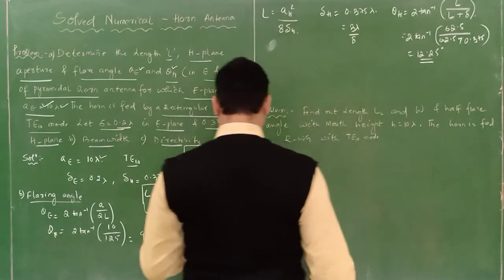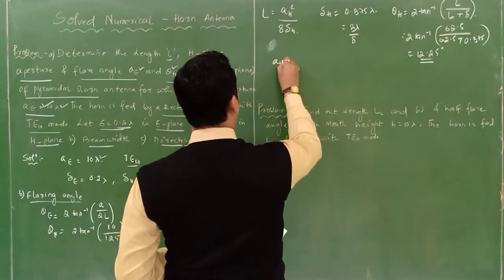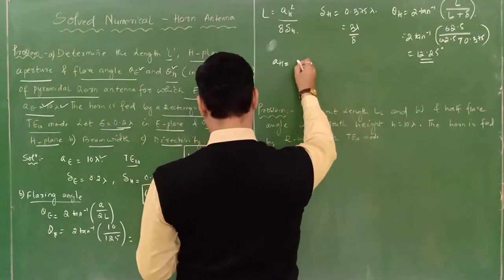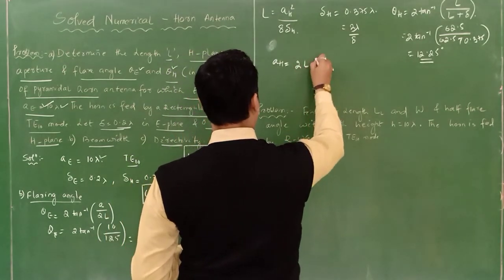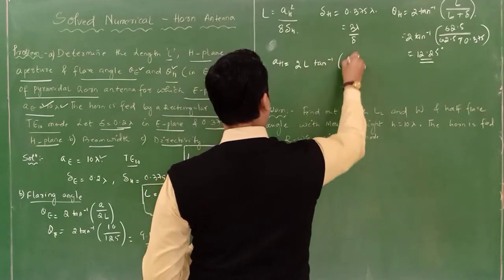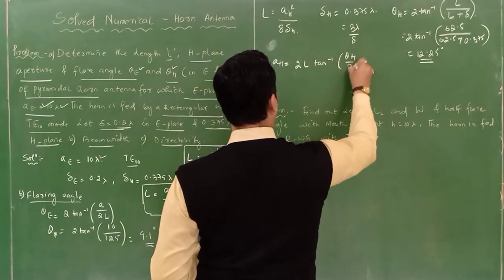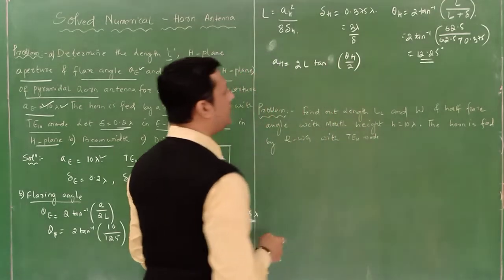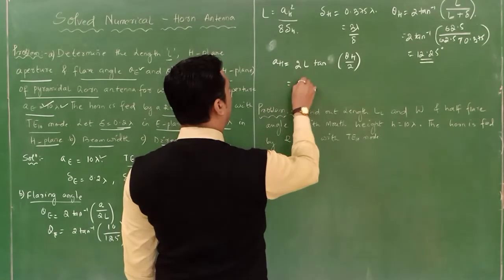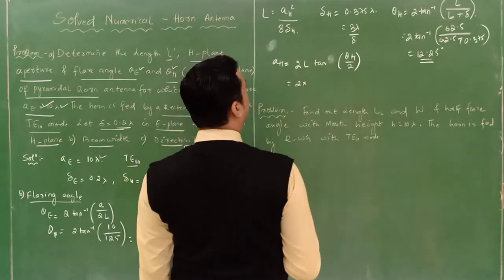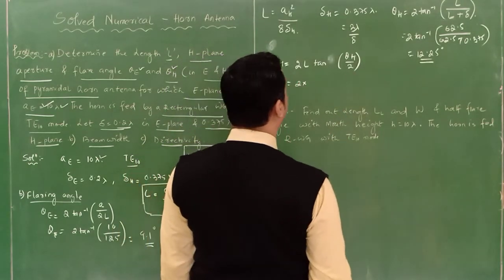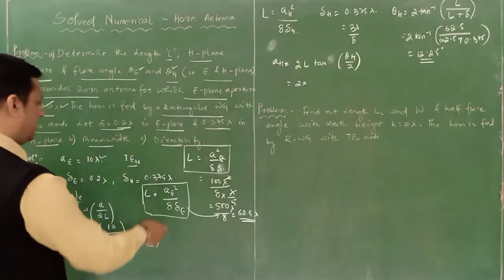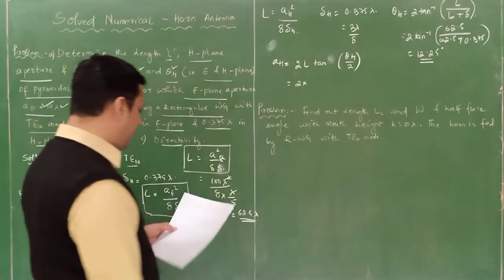Now we can determine AH. AH is equal to 2L tan of theta H by 2, not inverse. It is tan of theta H by 2. Now, the length we have identified, L is equal to 62.5 lambda.